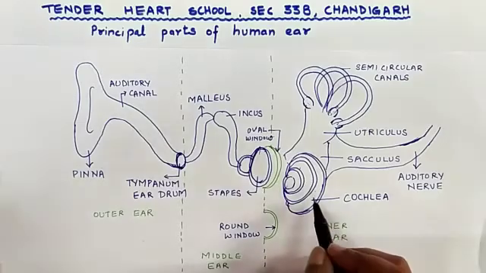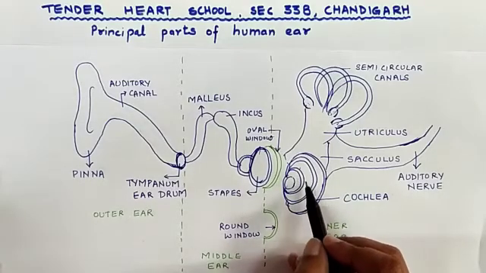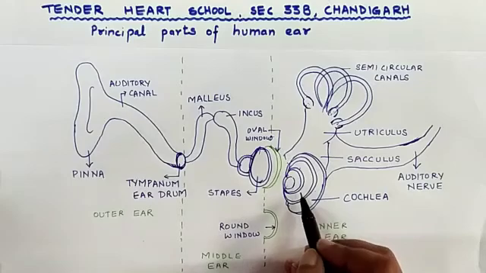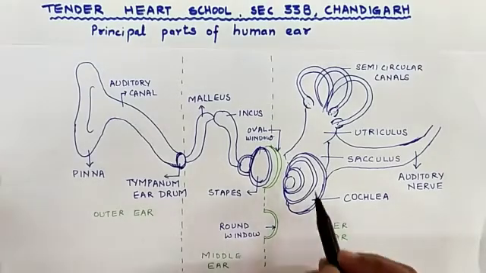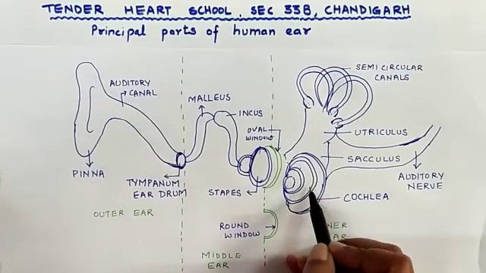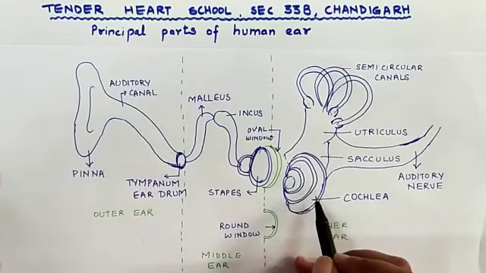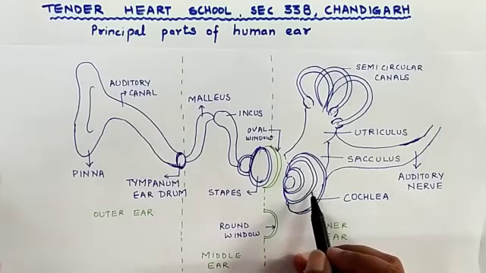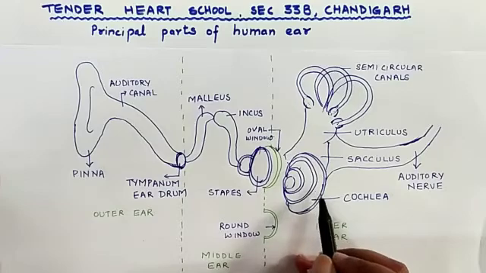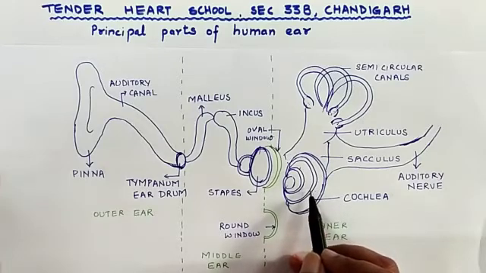Now, cochlea. Inside the cochlea we have the sensory cells for hearing, that is the organ of Corti. Surrounding the organ of Corti in the cochlea, we have a fluid called endolymph, and similarly perilymph is also present in the cochlea. These two fluids, endolymph and perilymph, are set into vibrations.